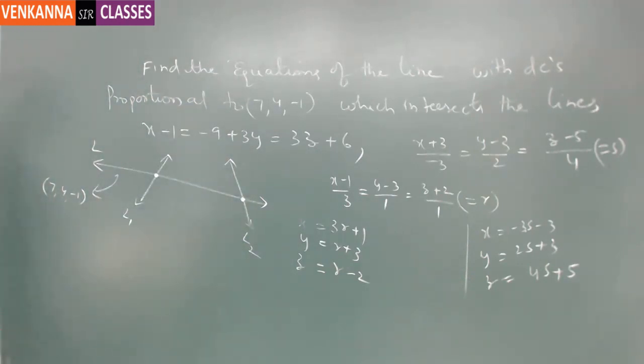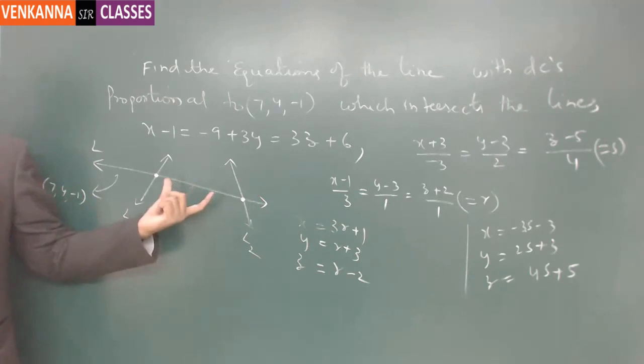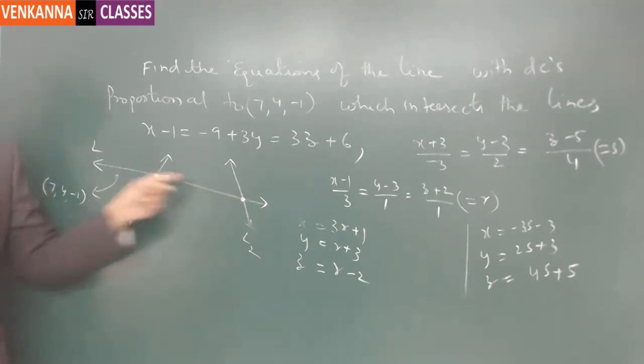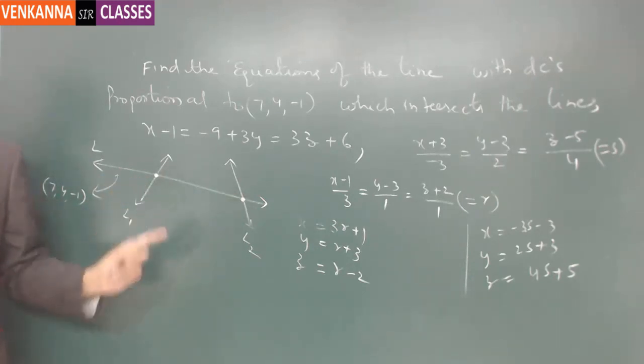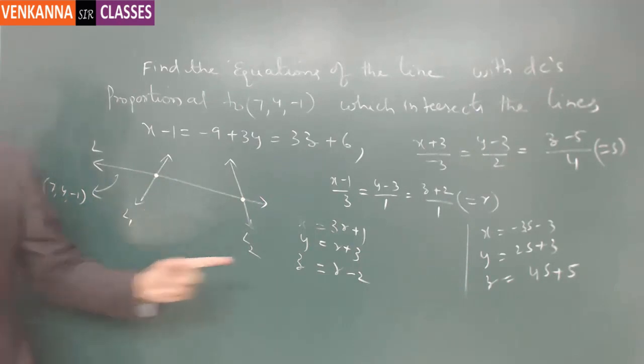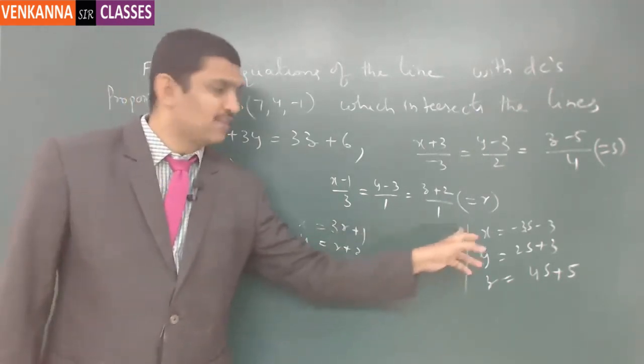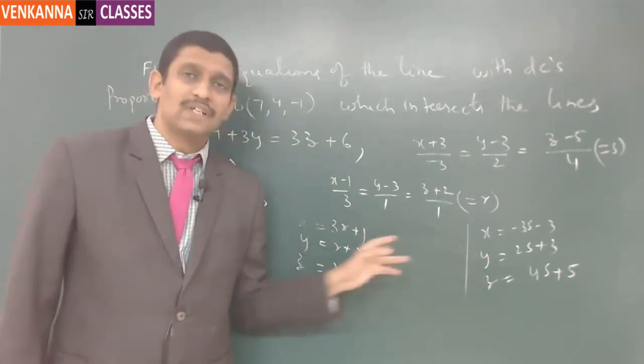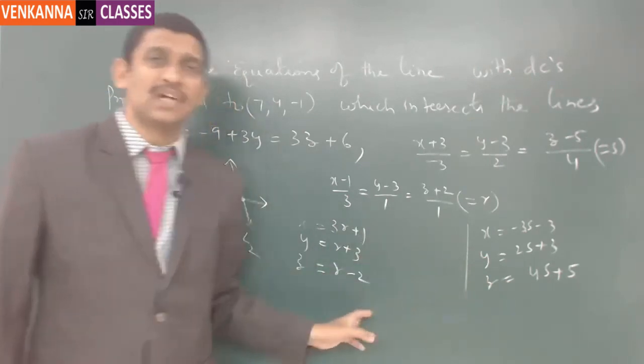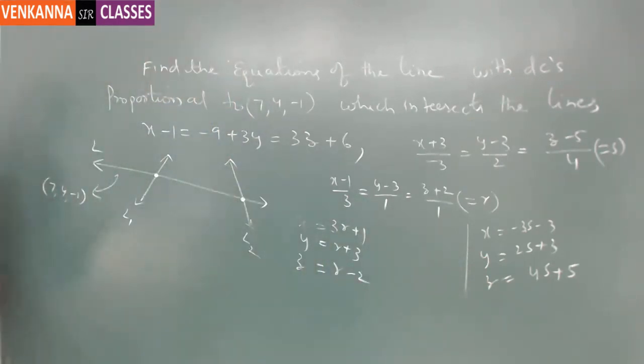So in order to calculate the DRs of this line, we should take the difference between the coordinates: the difference of x coordinates, the difference of y coordinates, and the difference of z coordinates. Clear? Are you getting it?